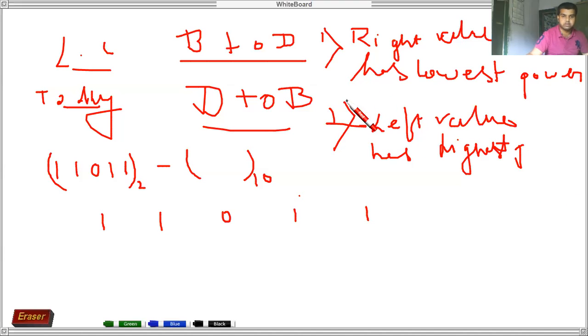Everyone please note it down. These are the two rules. Right hand value has the lowest power and the left hand has the highest power.